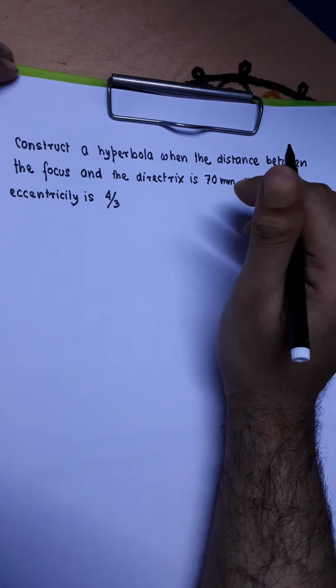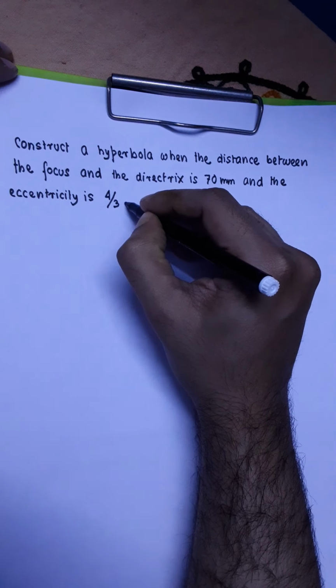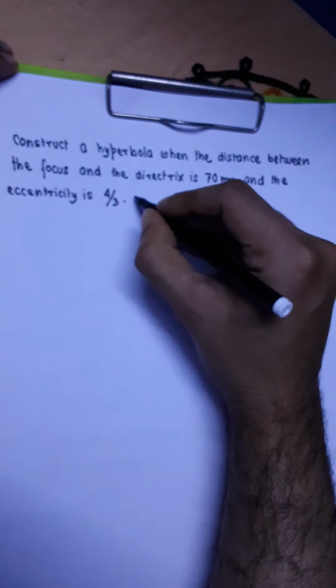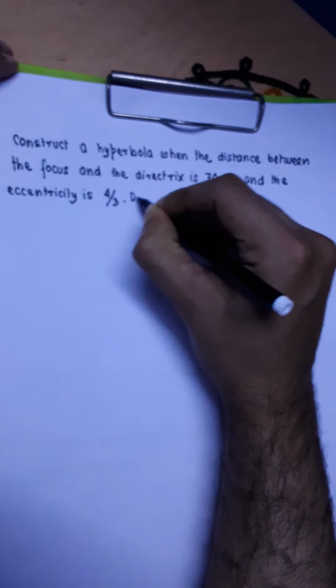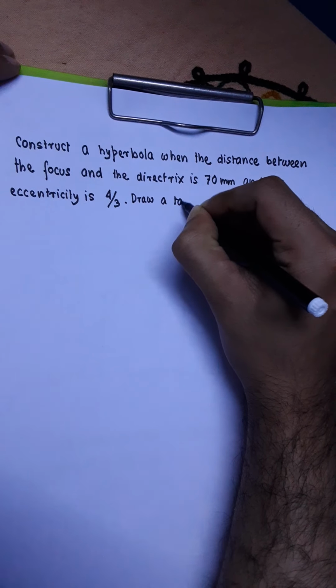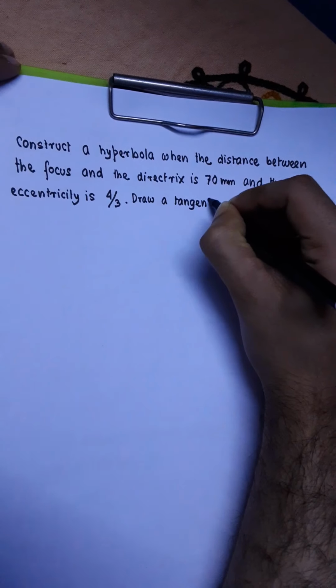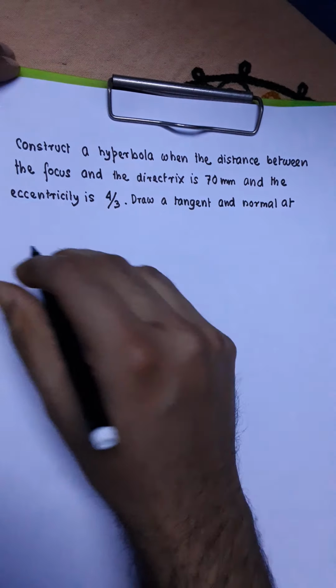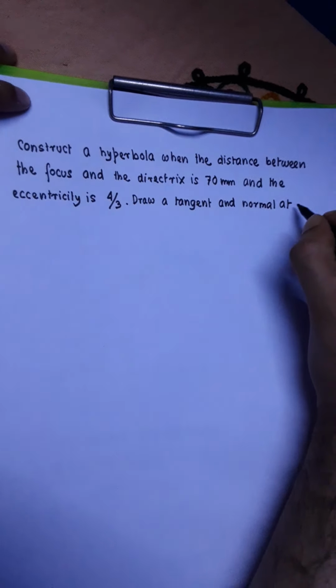is always greater than unity, greater than 1. So here, keeping consistency with that, the eccentricity value of the hyperbola has been given as 4 by 3. After constructing the hyperbola, you have to perform another step. You have to draw a tangent and normal at any point on the hyperbola.